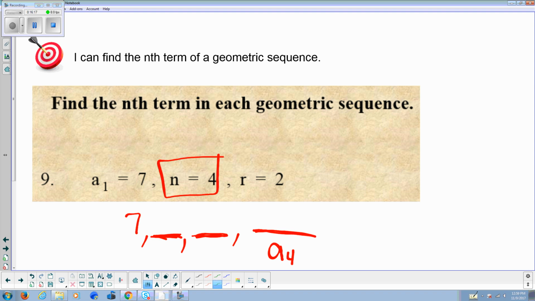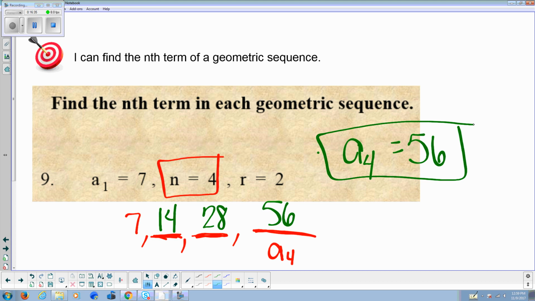All right, well, if I know my common ratio is 2, I can take my first term and multiply by 2 to get 14. And take my second term and multiply by 2 to get 28. And take my third term and multiply by 2 to get 56. So A4 is equal to the number 56.